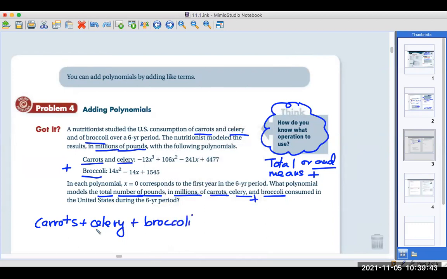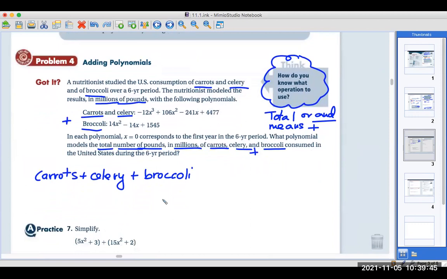Okay, so now we're going to try this the column way. I'm going to write it as a column. I'm going to write this first: negative 12x cubed. Notice it's in descending order. 106x squared minus 241x, and last is the constant.